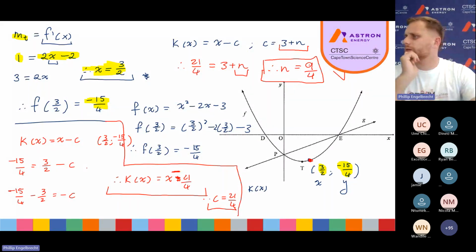So someone asks, sir, can't you make k of x equal f of x and then, since it's a tangent, it will only cut the graph at one point? You could have done it like that. You can maybe try it for yourself and see what answers you get. But if you get 9/4, then definitely that could be the way.